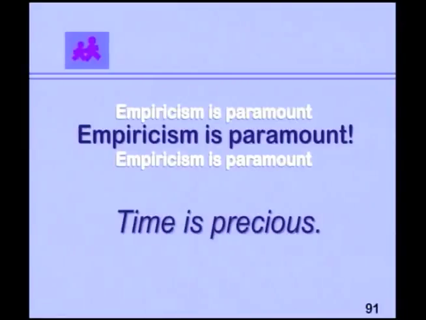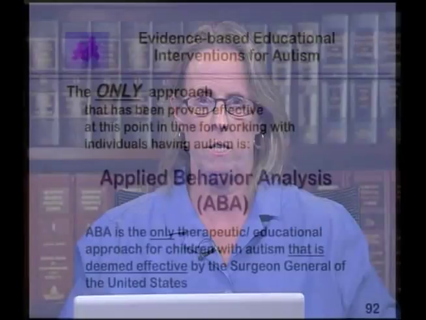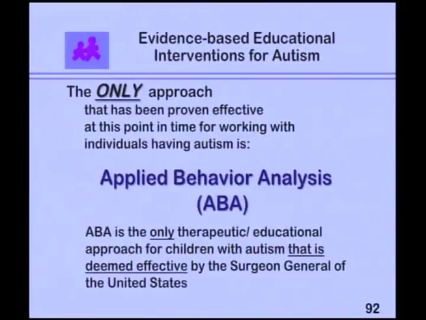So empiricism is paramount. The time that you have with your child is precious. You don't want to waste any time in doing therapies that are not effective, may indeed be harmful. So make sure you use science to understand. The only therapy that's received any empirical basis has been applied behavior analysis.